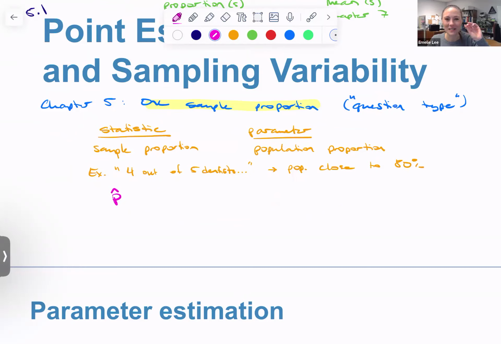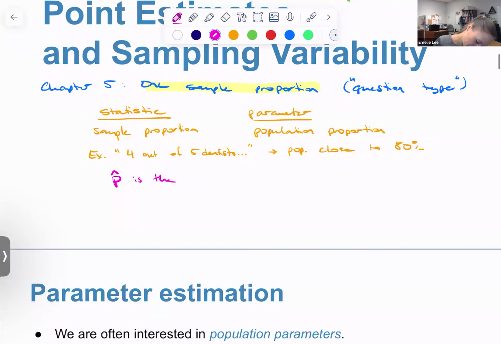It's pretty cute, it's worth finding. So here, p hat is the sample proportion.